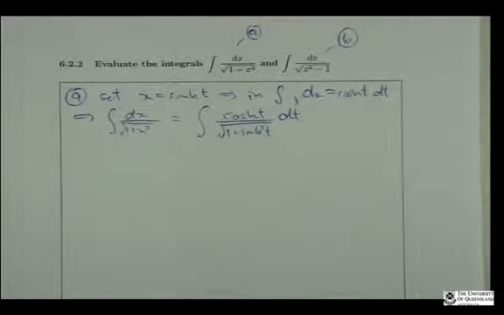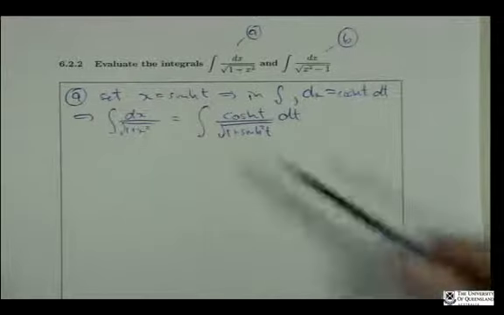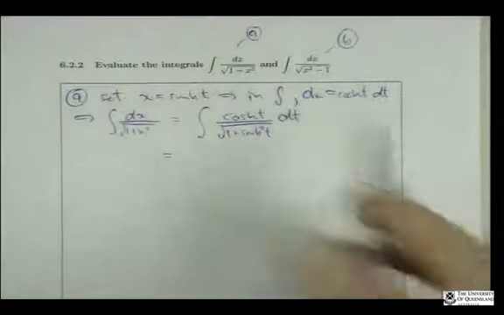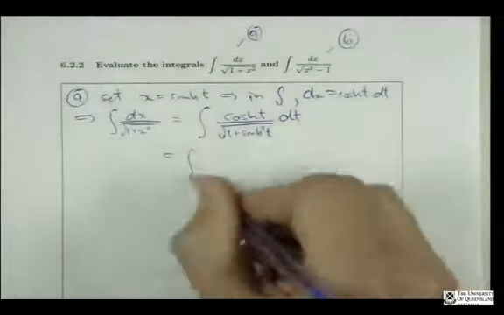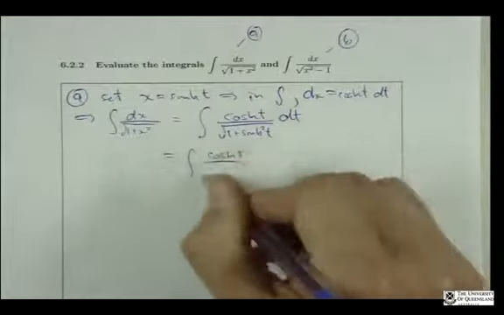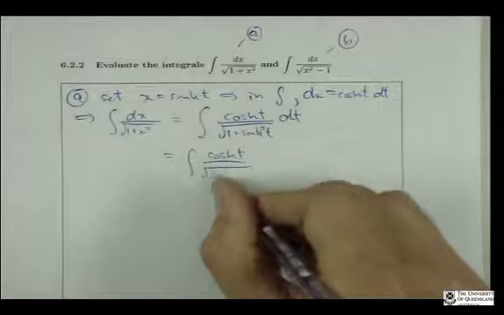All right, but from that hyperbolic identity, I've written it on the previous page, cosh squared minus sinh squared equals 1. We can rearrange that and see that in the denominator here inside the square root, we end up with a cosh squared.